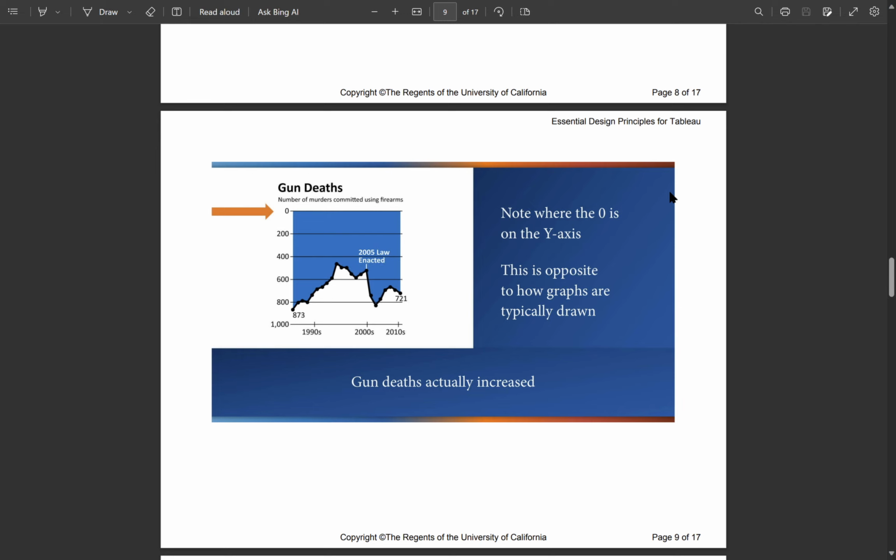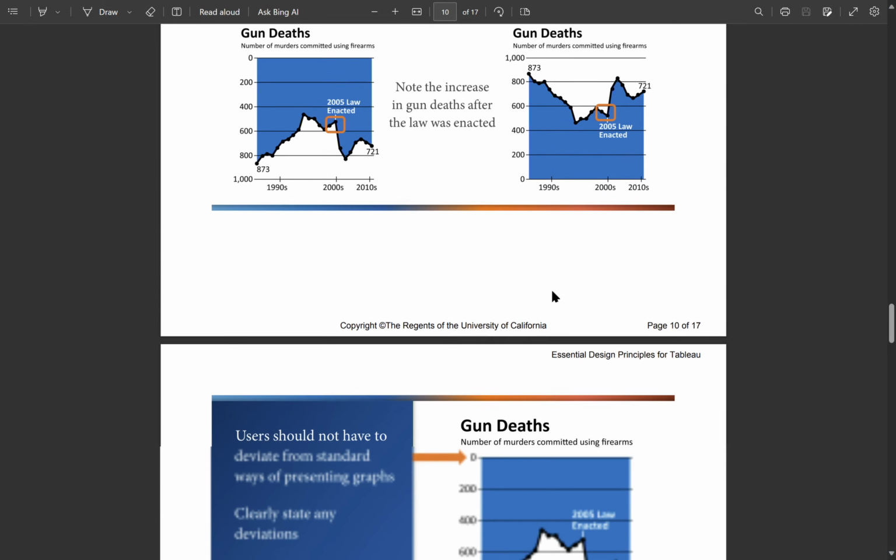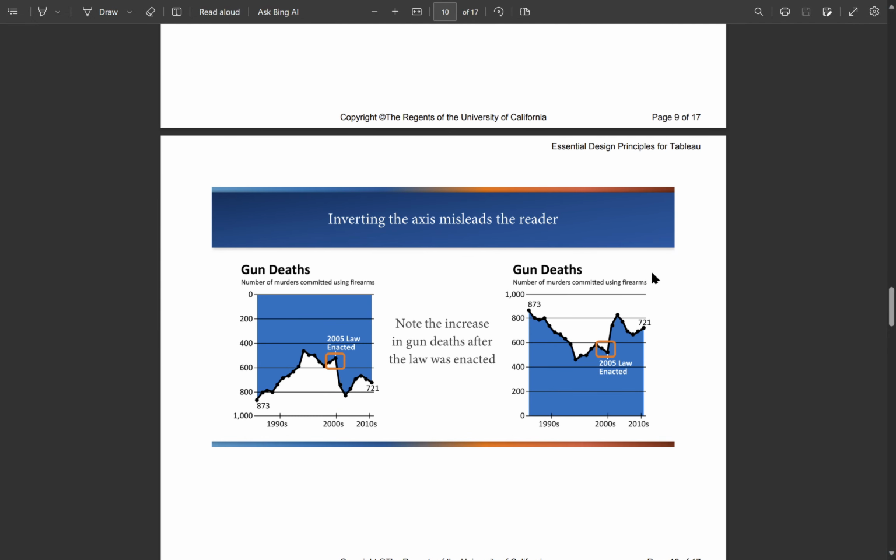The orientation has been reversed, and that's not usually the way graphs are created. Usually graphs are created where 0 is at the bottom on the y-axis and 1000 is at the top. But what we see is that this graph has an inverted axis and is very misleading.